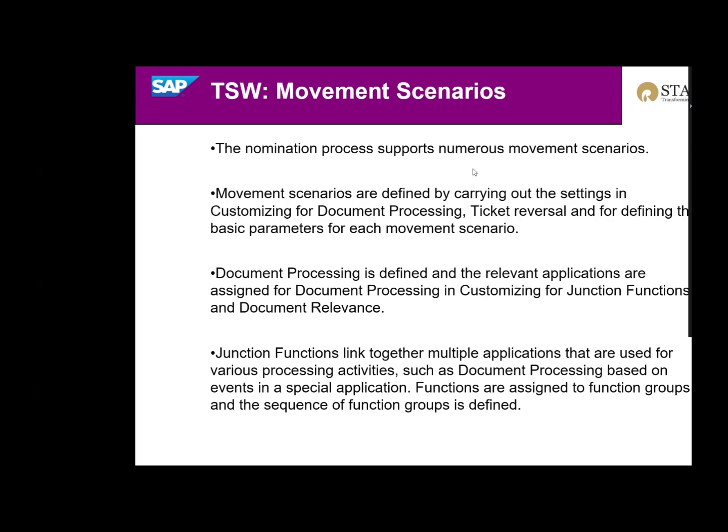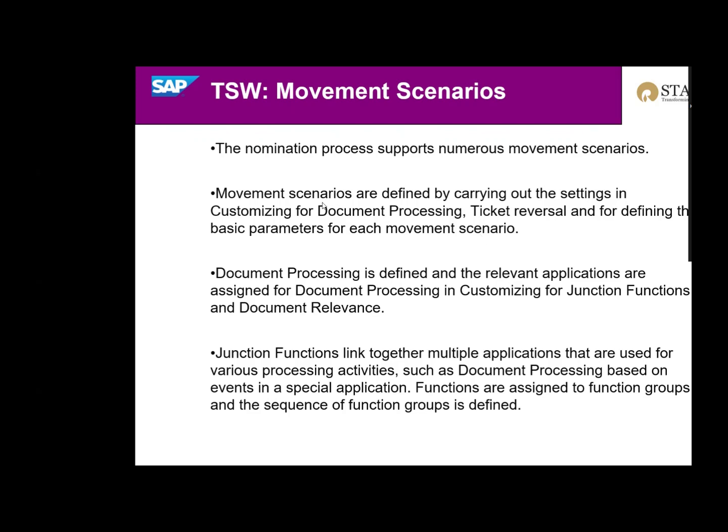See, the nomination process supports numerous movement scenarios. Movement scenarios are defined by carrying out the settings in customizing for document processing, ticket reversal, and for defining the basic parameters for each movement scenario. That's what we have done yesterday.